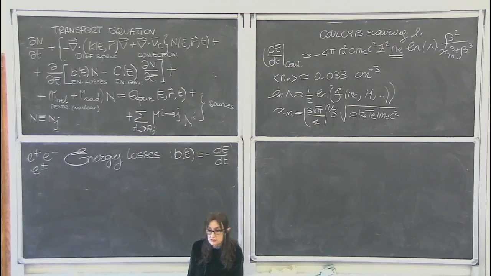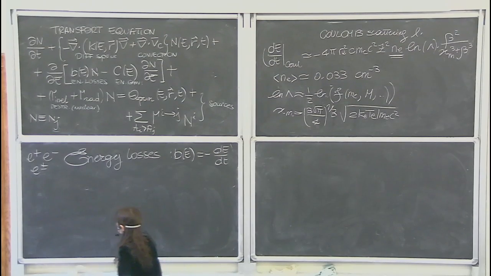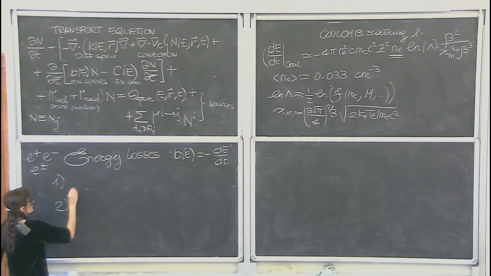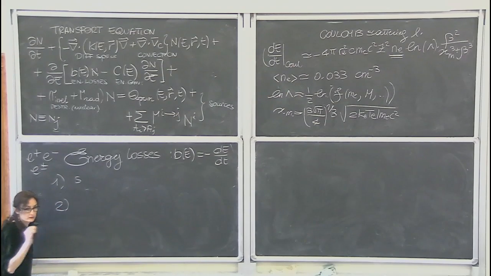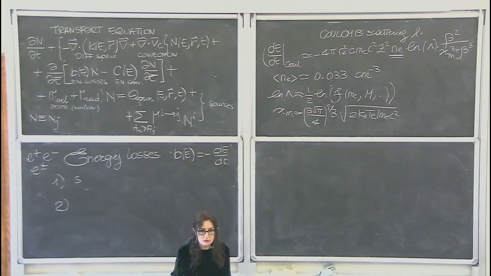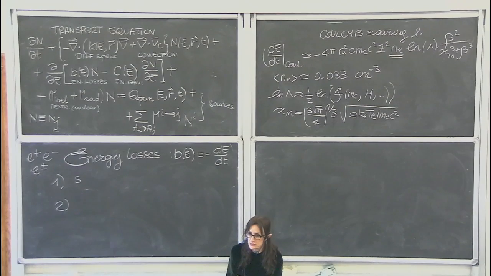And the two most important phenomena that affect the propagation of electrons in the galaxy are synchrotron emission. So let me just make a step back. Now I'm discussing energy losses. But anytime these particles lose energy, they also emit a radiation.